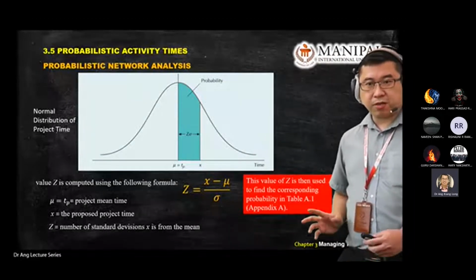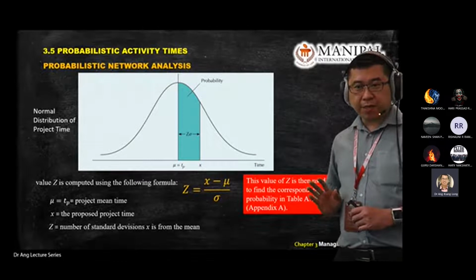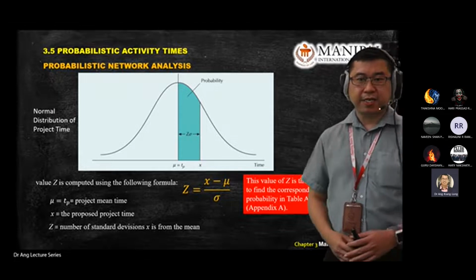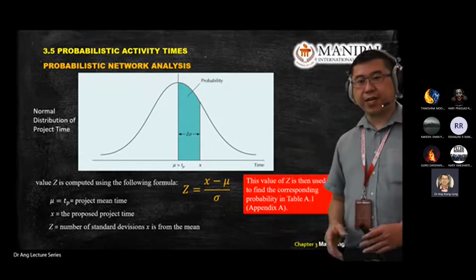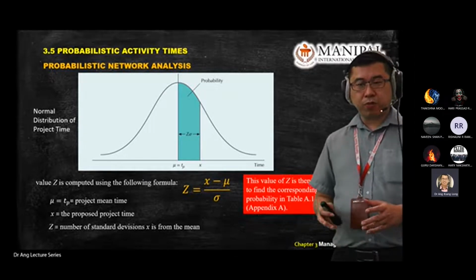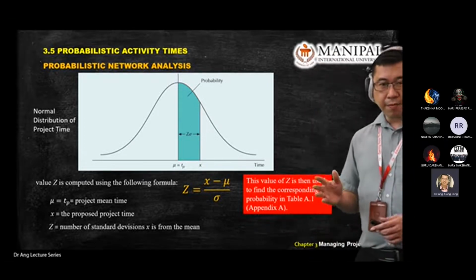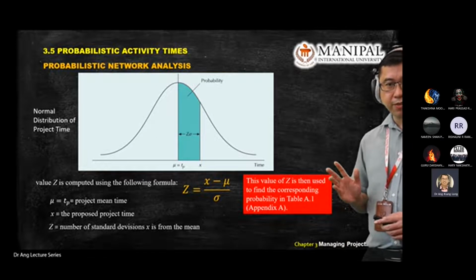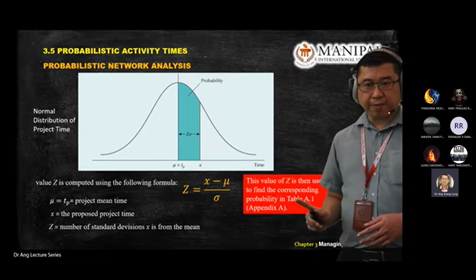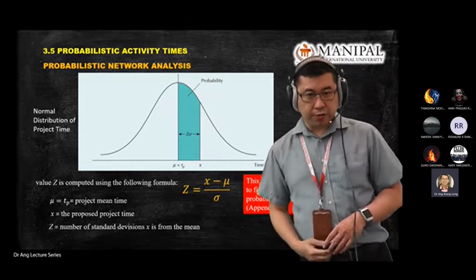We need a table to do PERT analysis. The probability table. So you need a table called Table A.1 in Appendix A. All right. So I believe you can find it in Teams right now. Or I'm not sure whether I put it in the tutorial handouts for Chapter 3. I think I have, but if I forget, just remind me to give you this table. Okay, so you need a probability table to solve a PERT question.